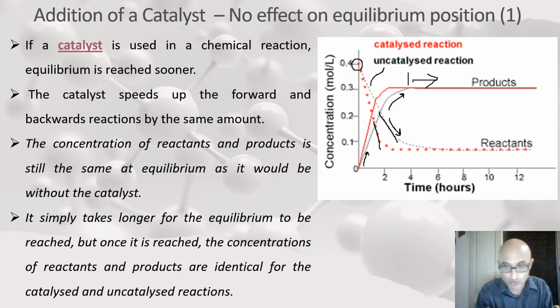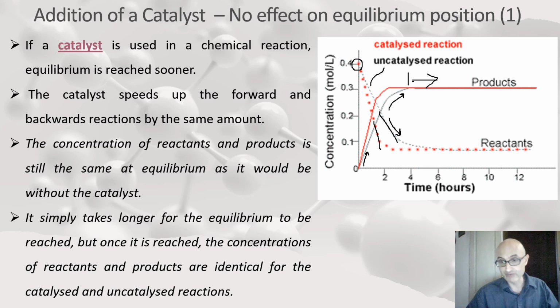There is no change at all in the position of the equilibrium. However, as we have just discussed, instead of taking, for example, 10 hours to reach that state of equilibrium, it is reached much faster, say, in 15 minutes. I'm not exaggerating, by the way. When a catalyst is used, the order of magnitude by which the reaction is accelerated is pretty vast.